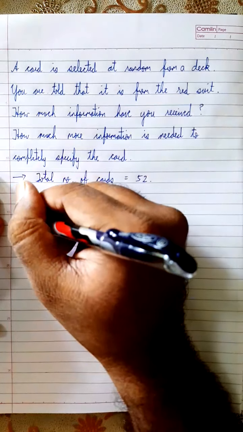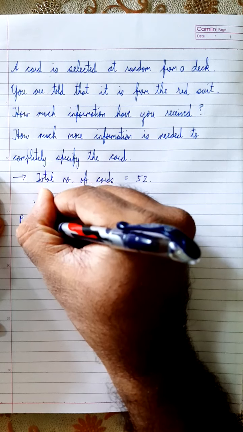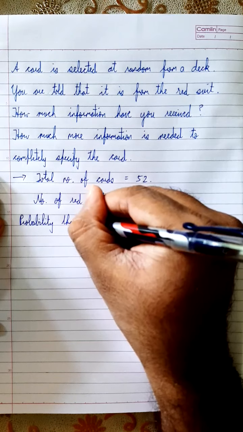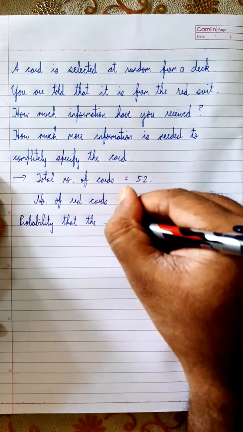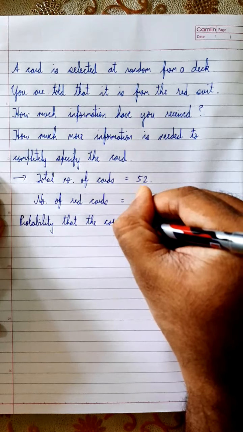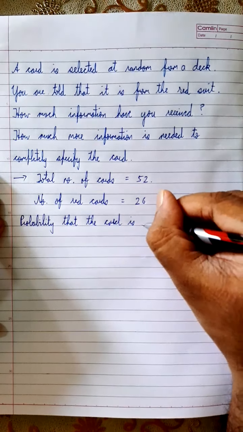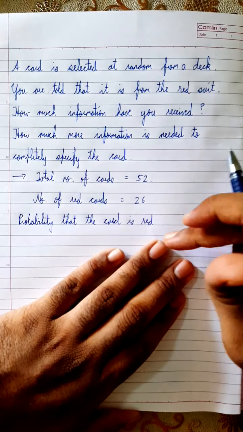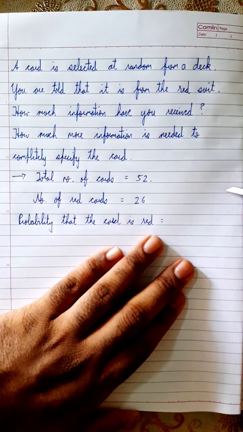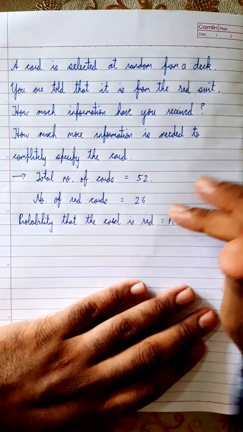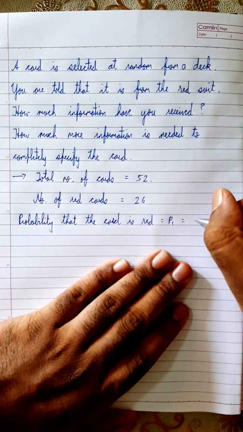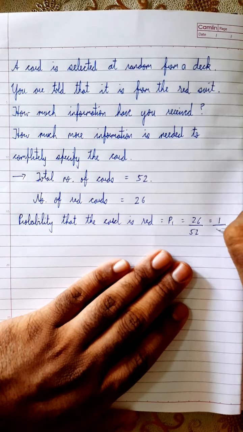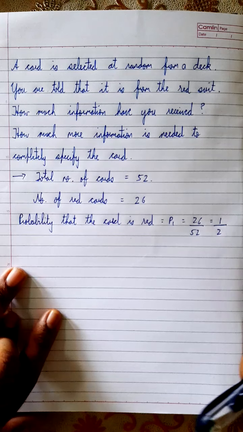Now therefore the probability that the card is red, and we'll give a name to this probability, let's call it P1. So the probability the card is red, which is P1, is equal to 26 by 52, which is equal to 1 by 2. So the probability the card is red is 1 by 2.